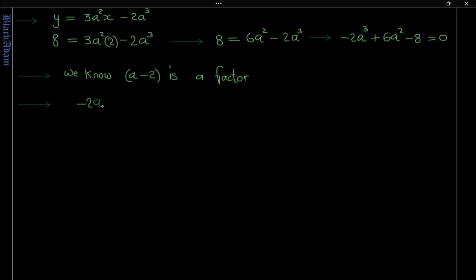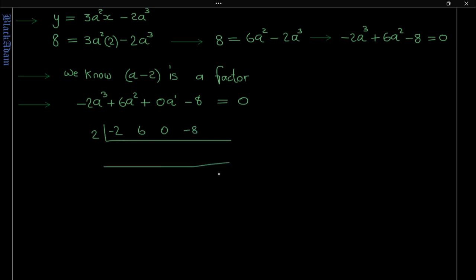So it's negative 2a cubed plus 6a squared plus 0a minus 8, so there must be a decreasing of the power: 3, 2, 1, 0. So it's negative 2, and since a is 2, we say 2 there, 6 there, and then 0, and then negative 8 there.